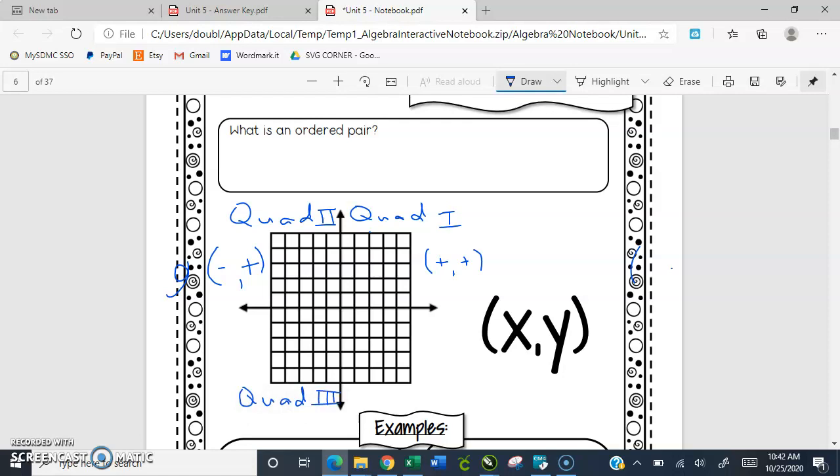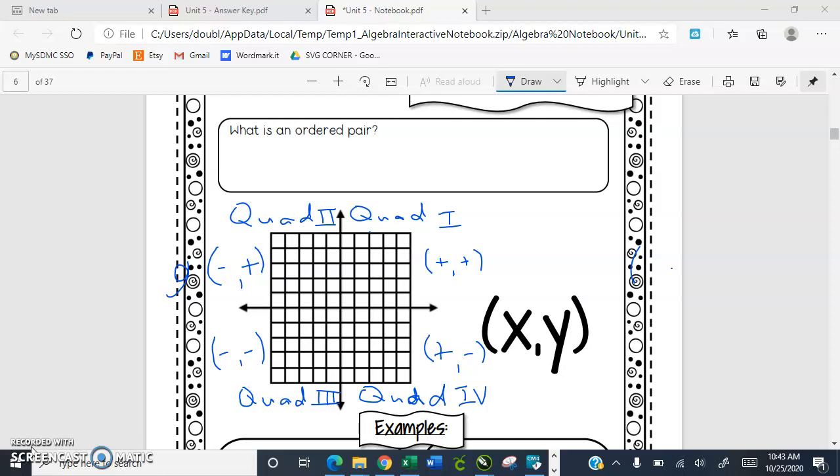And we know that we're graphing in quad 3 when both our X and Y values are negative. And here's quad 4. Sorry, that's an A. And we know we're graphing in quad 4 when our X is positive, but our Y is negative.